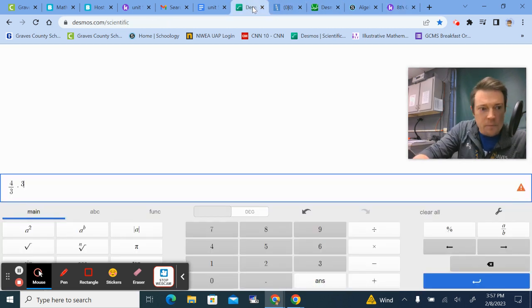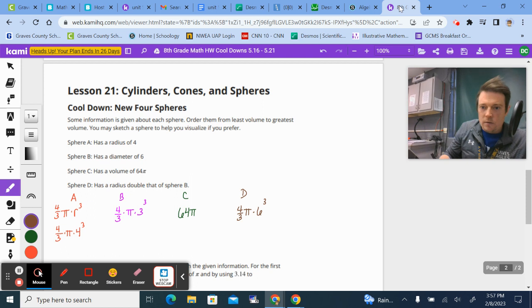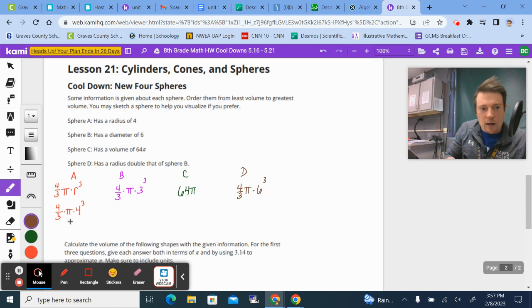If we put a 4 in the base of this, then we get 85 and a third. I'm going to write that as 85.3 repeating pi back over here. And then let's do the next one.